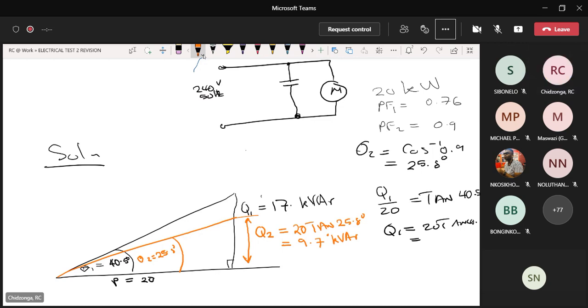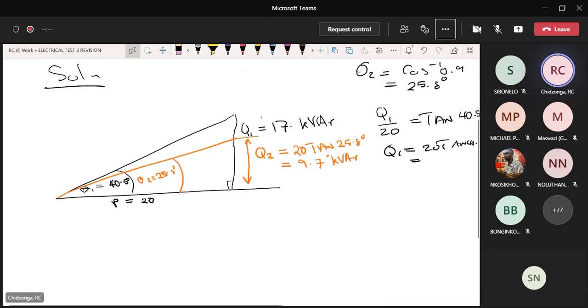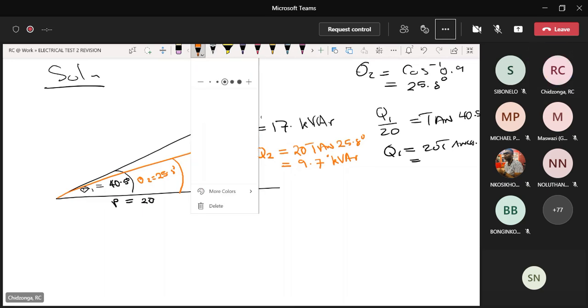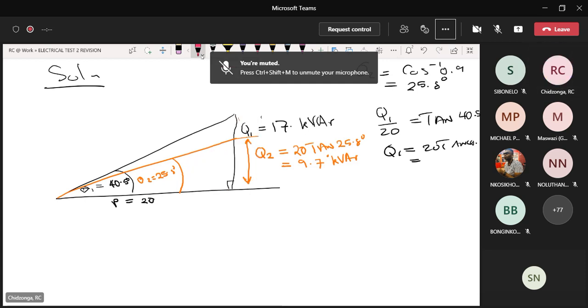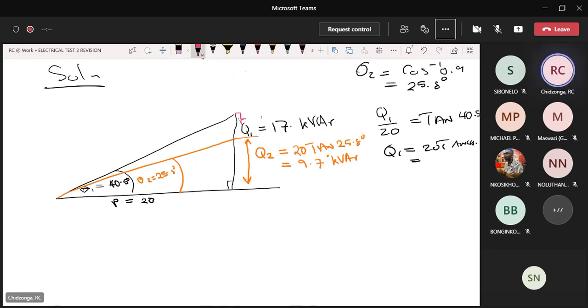Now, when you compare Q1 and Q2, it means you have taken out this distance here. That is what we call delta Q, the change in the reactive power.